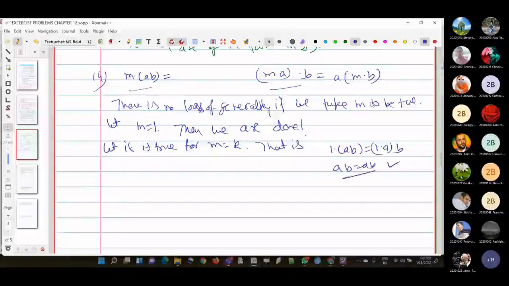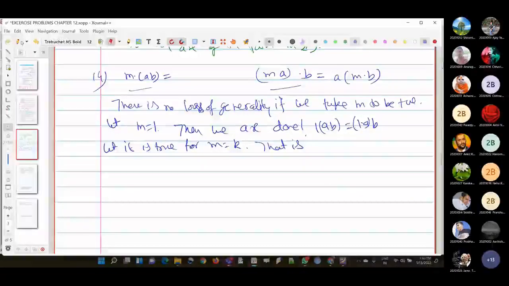This is true. This was true in the case m equals 1: 1 times ab equals 1a times b.